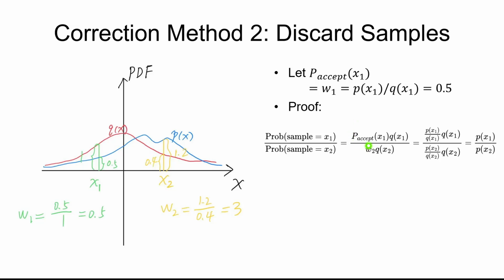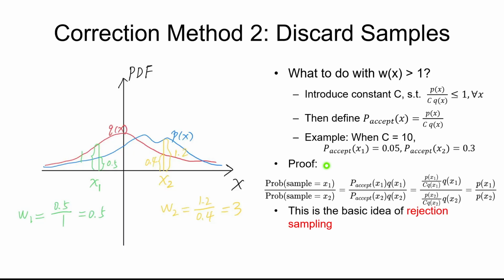The numerator equals the probability of accepting the sample times the probability of getting the sample from Q of x1, which equals P of x1 divided by Q of x1 times Q of x1, which also equals P of x1. For the denominator, as previously shown, it is equal to P of x2, so this condition still holds. So we can see that by discarding some samples, we can still get the correct distribution.